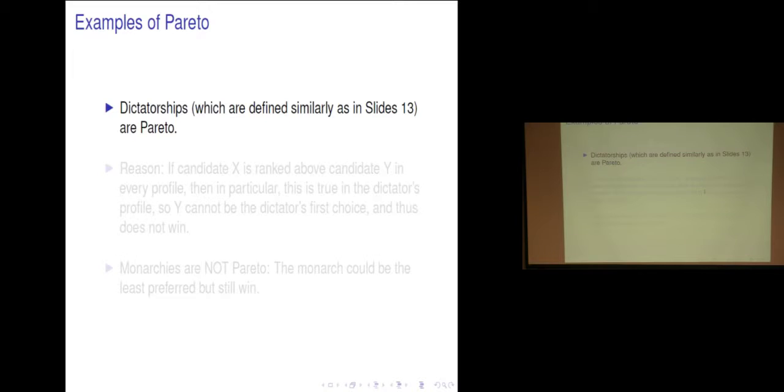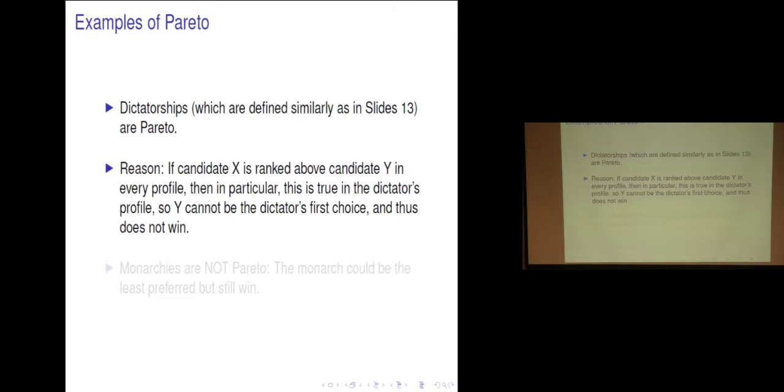The reason is quite simple, right? The Pareto condition requires everybody to rank Mr. A above Mr. D. So if candidate X is ranked above candidate Y in every ballot, then in particular it is true in the dictator's ballot, right?